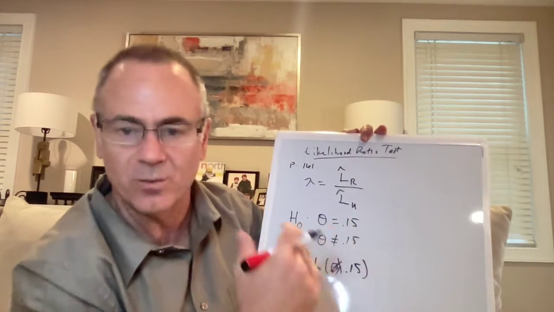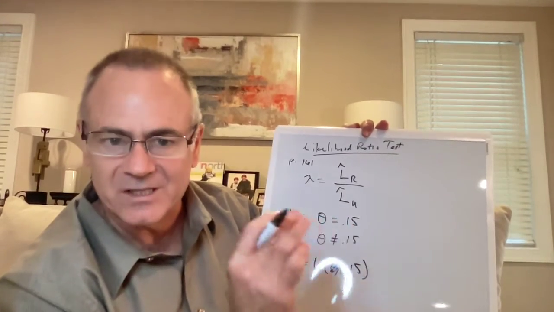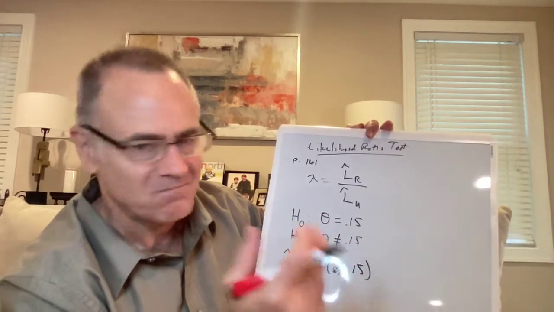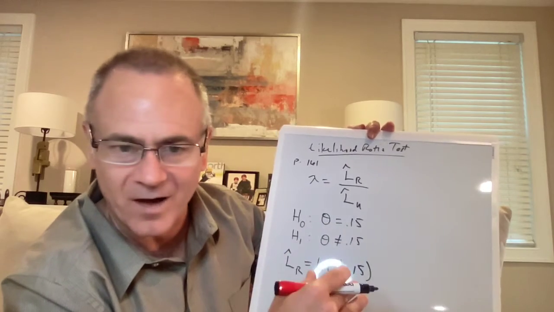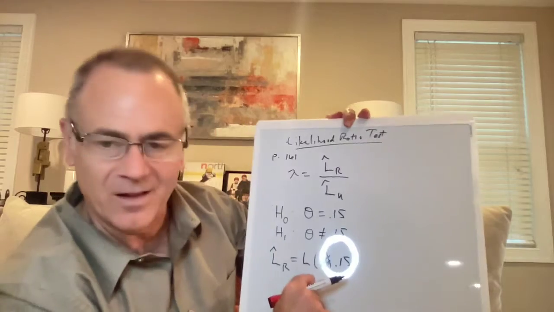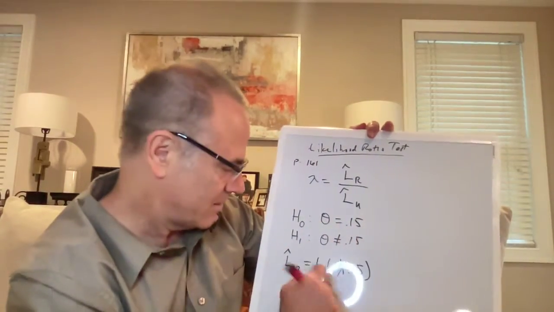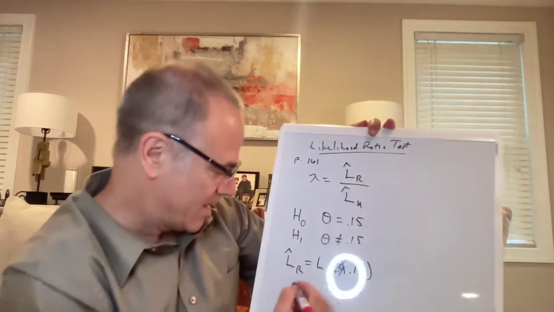So it's what the restricted value is. I think it was cell A6: just put in 0.15, compute the likelihood, and whatever that is, that's the value we're going to use for lambda.